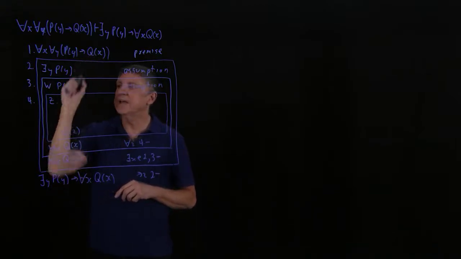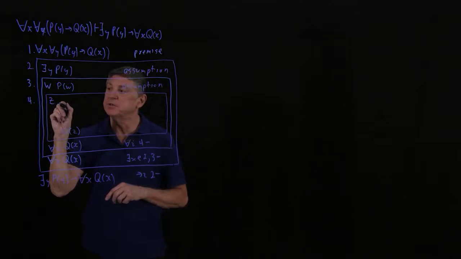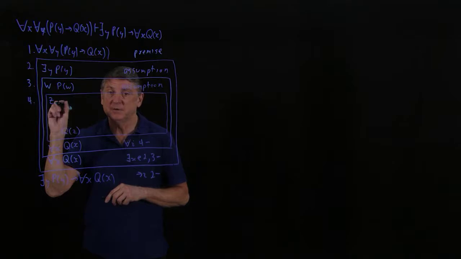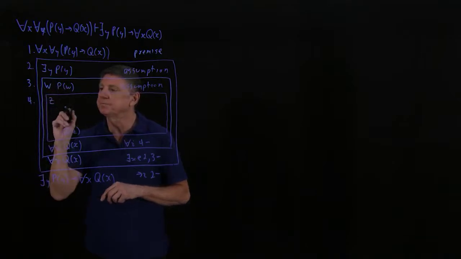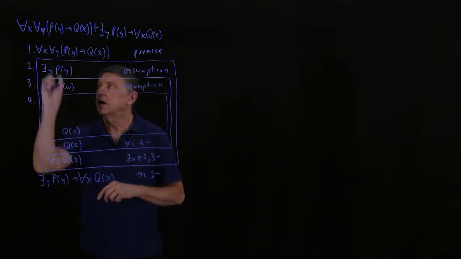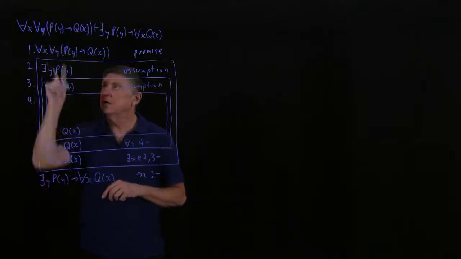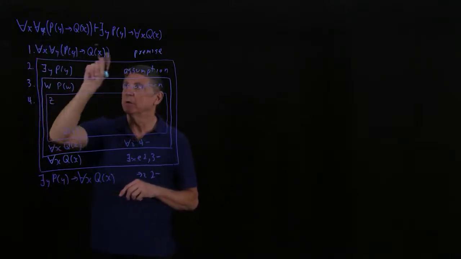Here it's q of x, so I'm going to do the substitution here using this inner variable, not the outside variable. So I would take this formula, remove this quantifier and substitute x into what remains.